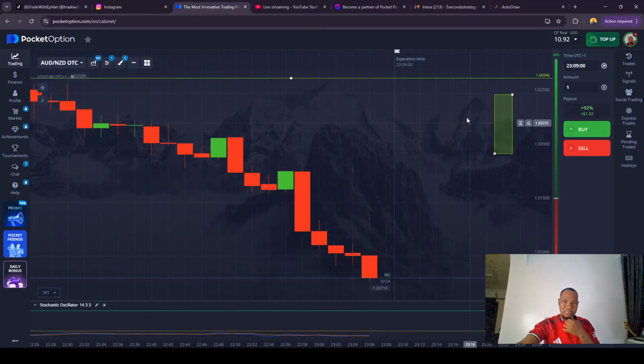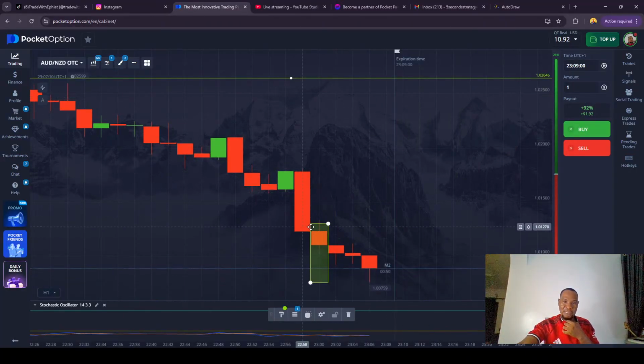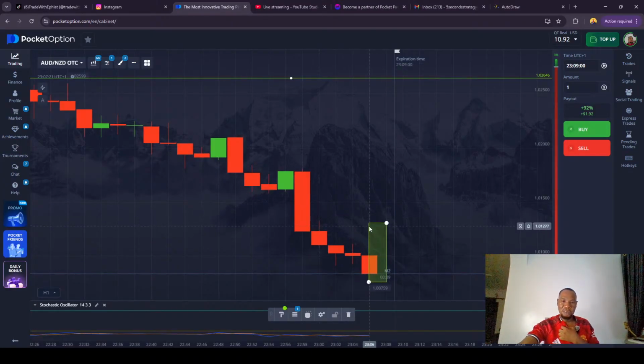And guys, as you can see, how many candles are red? One, two, three, four. So we would have won 4 trades right now, including this one.